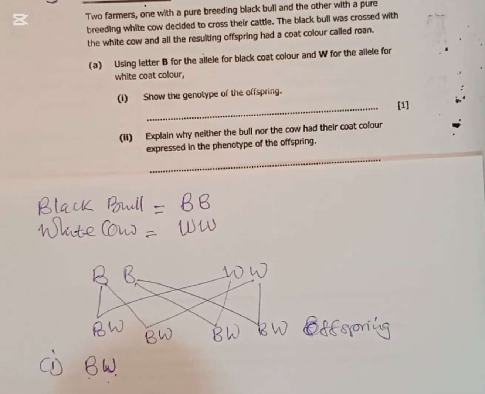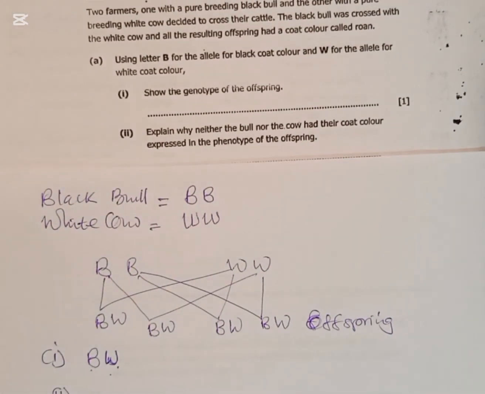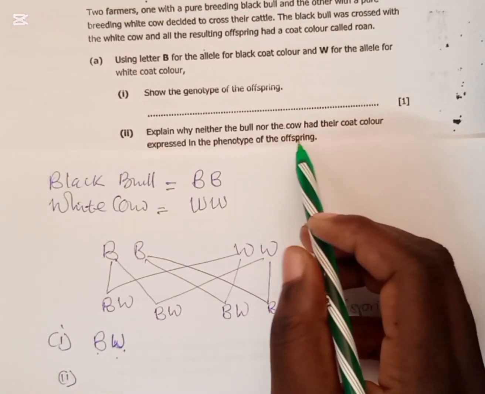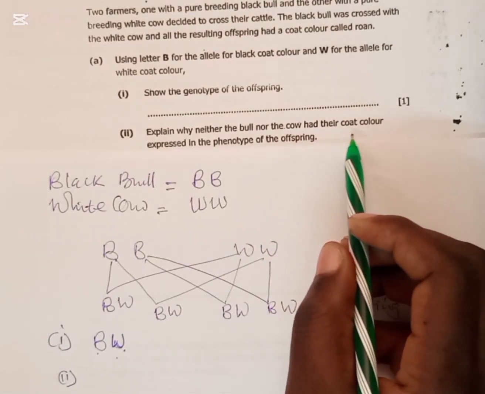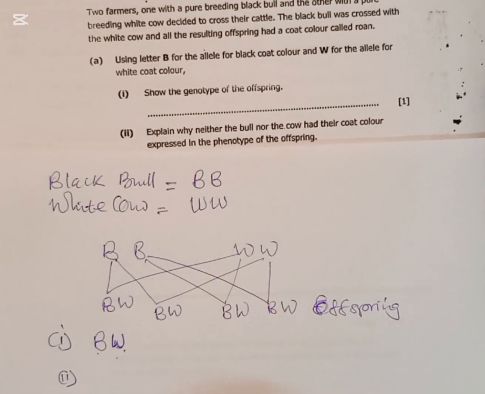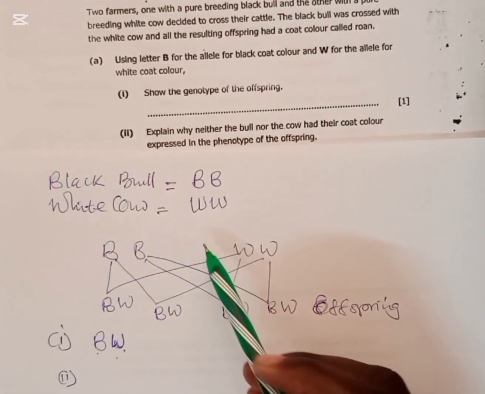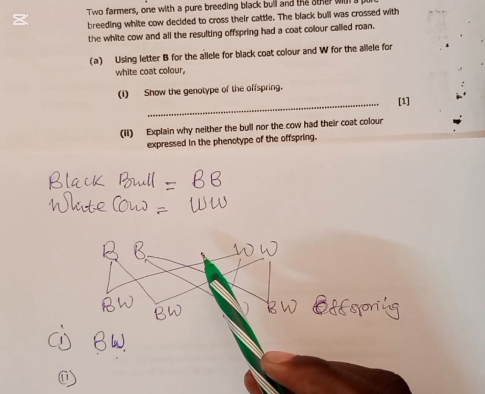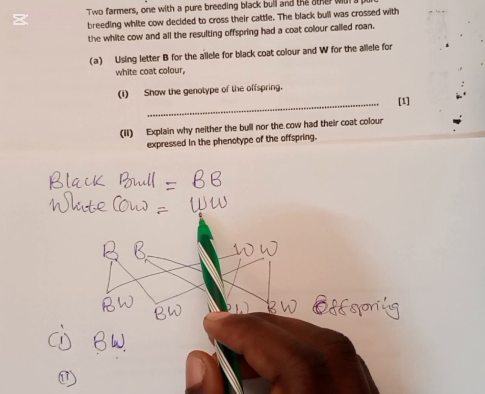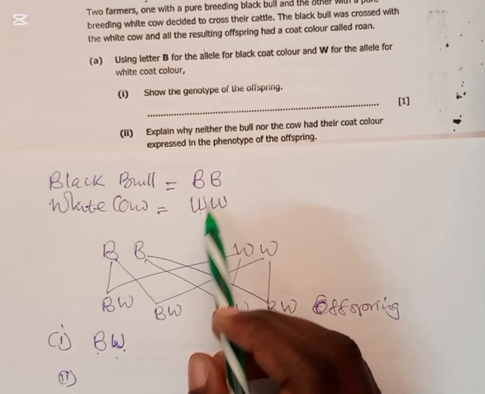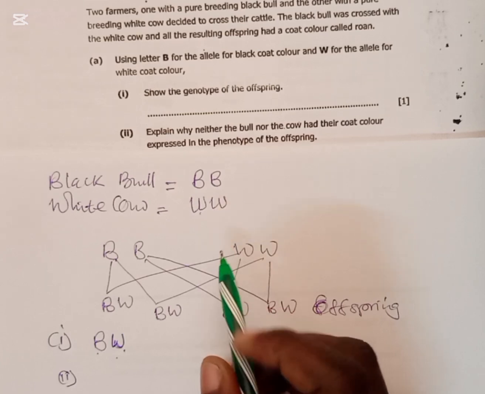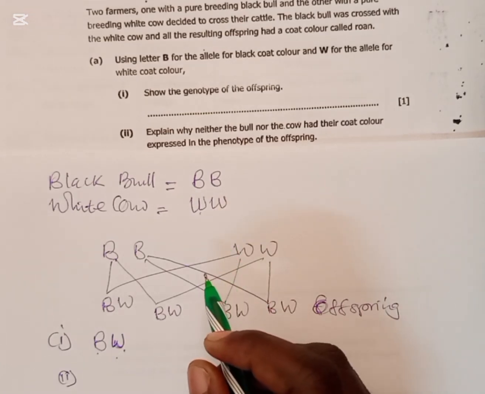And then let's also look at the other question, which is saying, explain why neither the bull nor the cow had their coat color expressed in the phenotype of the offspring. Okay, so if you look at these alleles, they are codominant to each other, meaning that these alleles cannot mask the expression of the other because they have the same ability. So none is above the other.